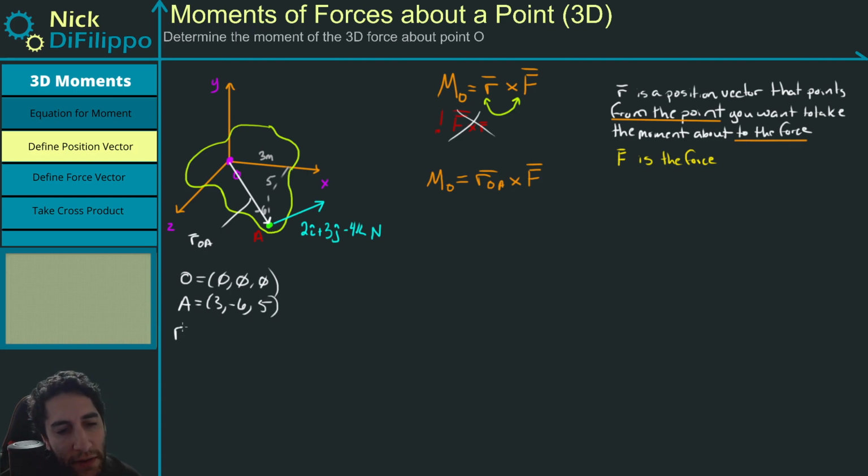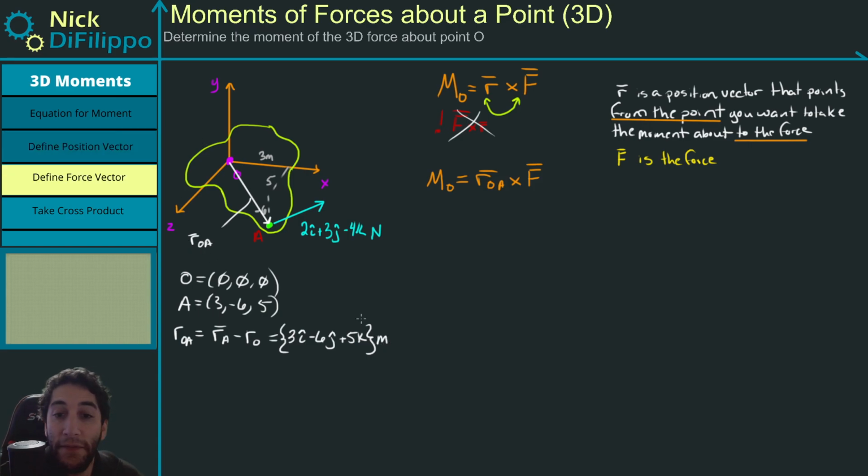So this position vector r OA is going to be equal to the point A minus this point O, and this is going to be equal to 3i minus 6j plus 5k. And this right here has a unit of meters.